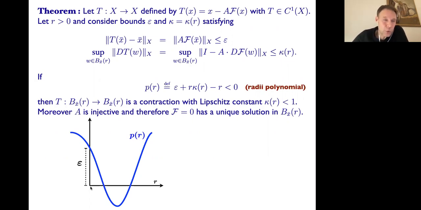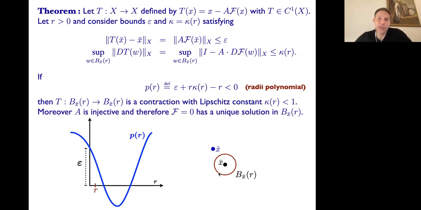It makes sense, because if you think of x hat as the true solution to your problem and x bar as the numerical solution, then there is clearly a distance. So if you take the ball centered at x bar, your numerical solution, too small, which corresponds to taking r too small, at which P of r is not negative, then you do not have a unique solution. You do not have an enclosure.